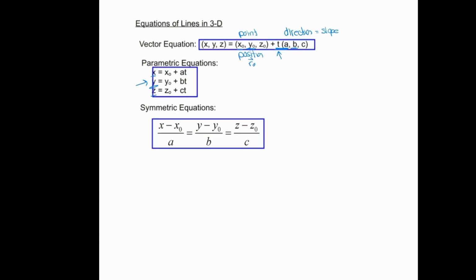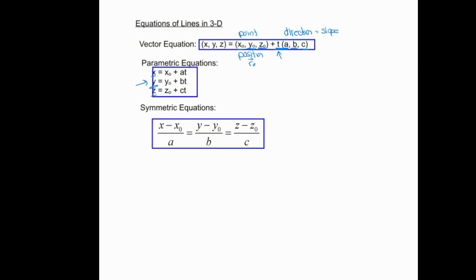For our z value, we have our z naught value of our point or position vector plus c times our scalar multiple. The third one that we're going to look at is called the symmetric equation, and it is derived from the parametric equations by solving for the t parameter in each of the components.